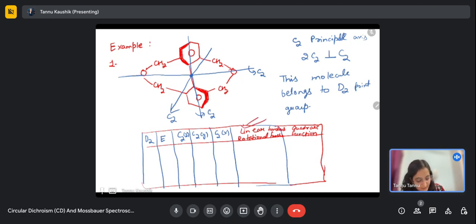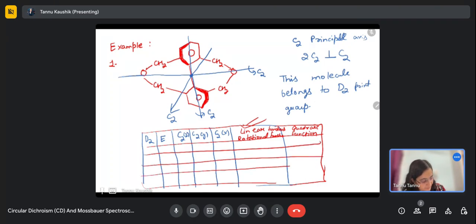If we have to check whether a molecule is optically active or not, it must obey the rule that both electric field and magnetic field vectors are active. That is, x and Rx, y and Ry, z and Rz are both associated with the same irreducible representation. Then we can call that molecule optically active. So let's see whether this point group is satisfying this condition or not.